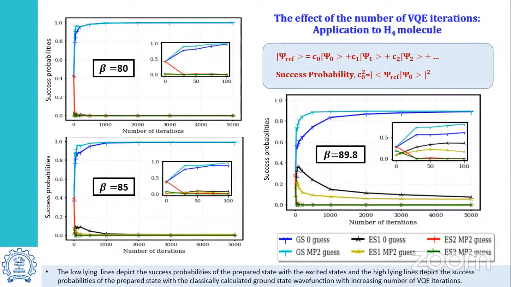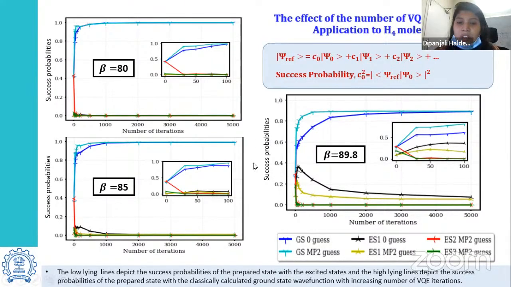But I think that using a not fully optimized, but semi-optimized wave function as an initial wave function in IQPE is possible with the finite number of measurements. So my question is, have you ever performed the VQE simulation with the finite number of measurements or not? No, we have done it using the state vector simulator.